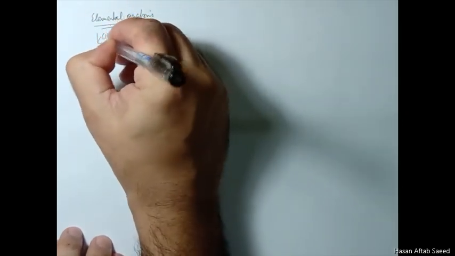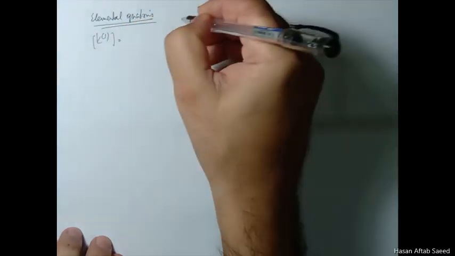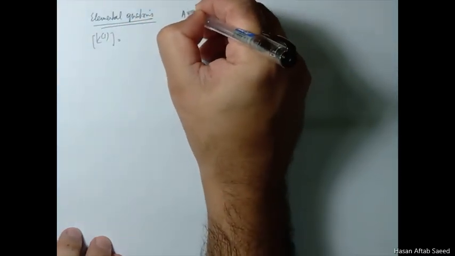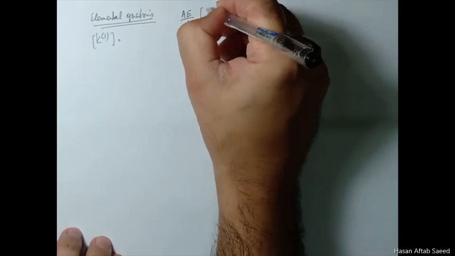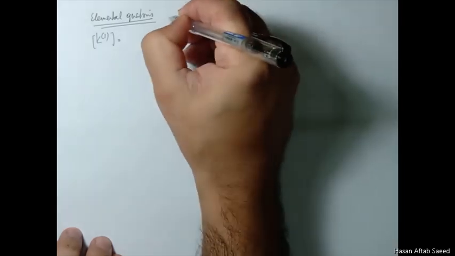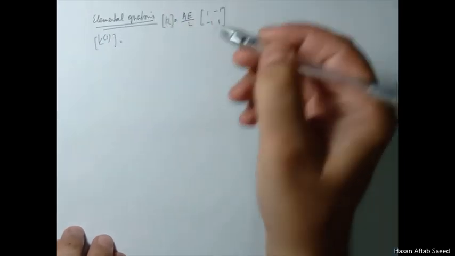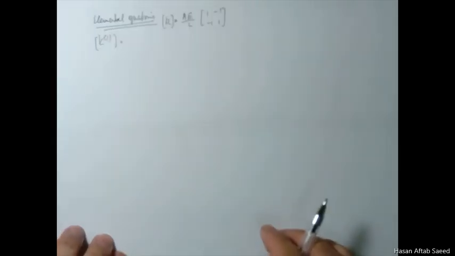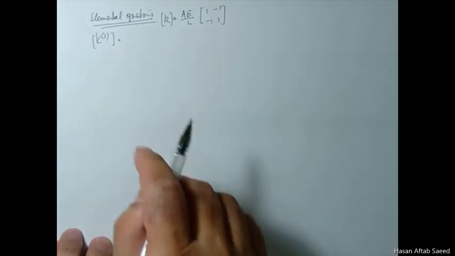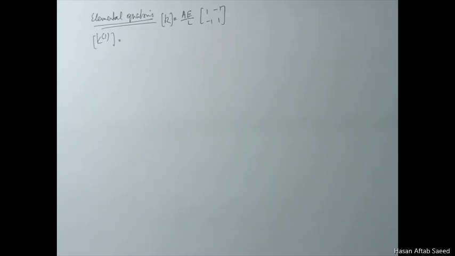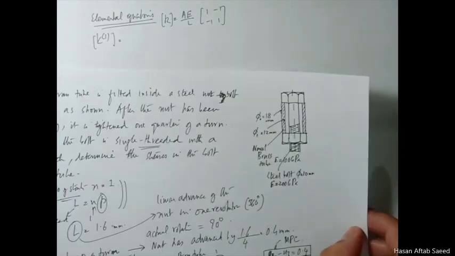K1, first element. Elemental equations obviously take this form, AE over L. This is 1D system, 1 minus 1 minus 1 1. This is the value of K. Very familiar. So just put in the values, and you basically have all the values here.